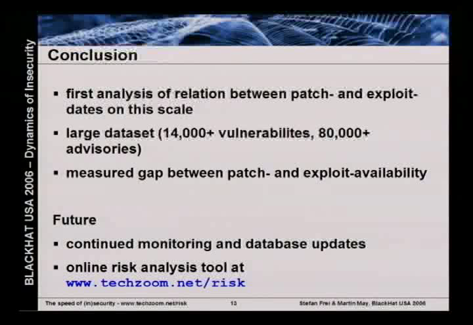As I said, we continue this work, and all the graphs you saw here, we have them already online, and in the near future we will put up an online research tool. We will make it ready so you can do your own queries against our data set. So, thank you for your attention.